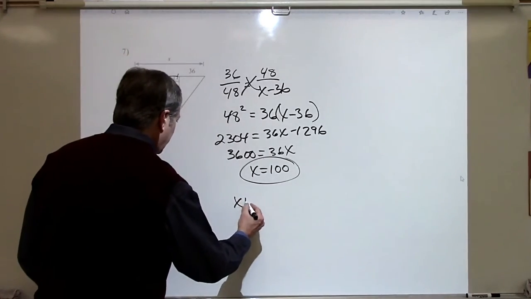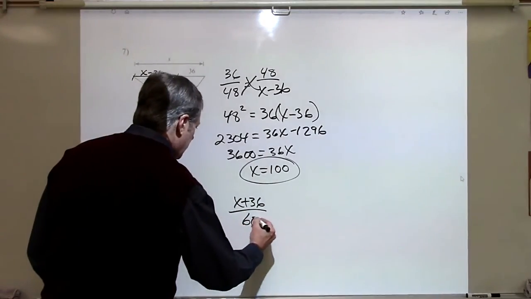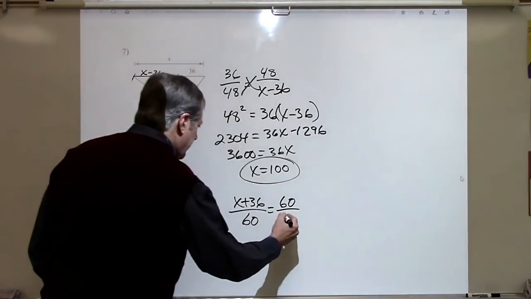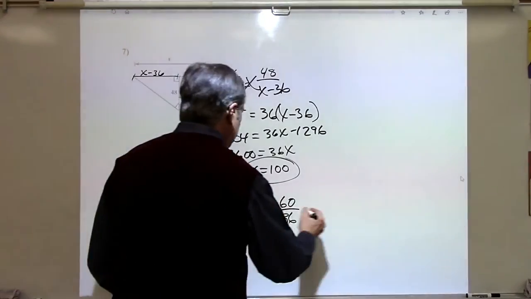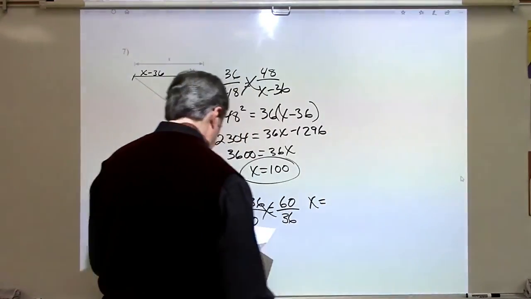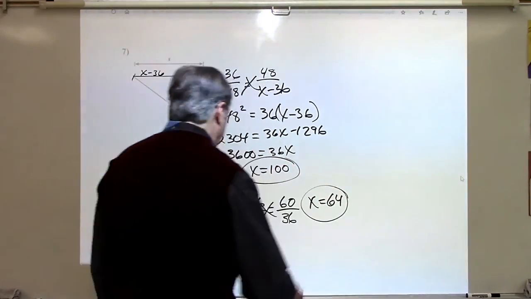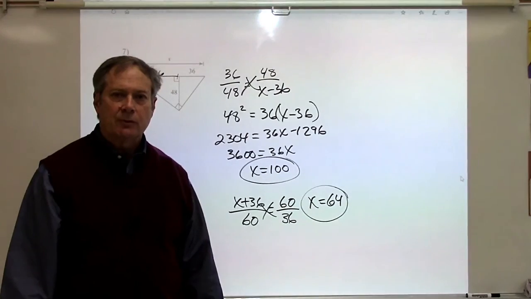So we got x plus 36 over the leg 60 will be the same proportion as the leg 60 to its segment, 36. And you cross multiply, use the distributive property, and I'm just going to go ahead and give you the answer. It turns out that x happens to be 64. And that's similarity with right triangles.